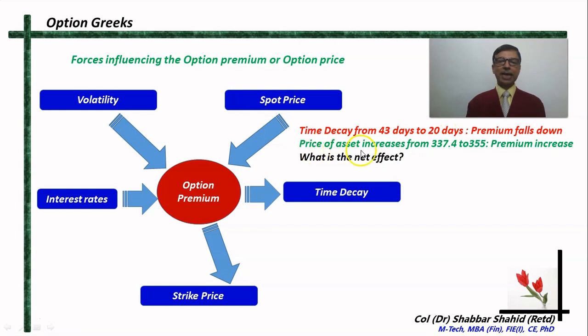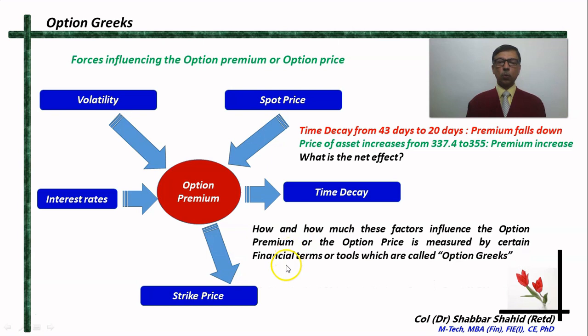If the price of the underlying asset keeps increasing, say from 337 to 355, then that would cause the premium to increase. So one force is causing the premium to come down, the other force is causing the premium to go up. What will be the net effect? Quite difficult to first of all understand and then calculate.